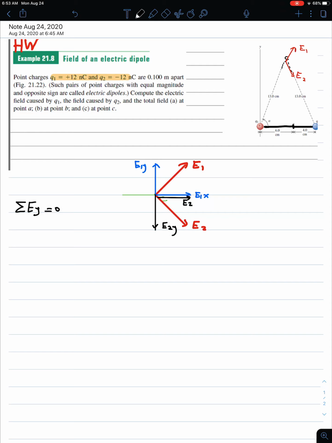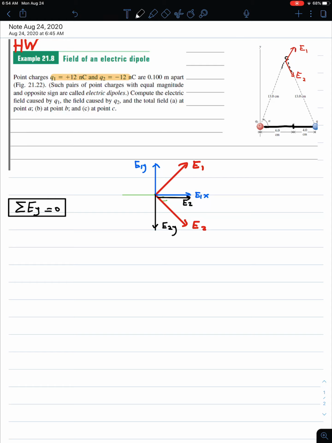You could compute E1y and E2y, but they cancel each other. So there is no electric field along y, and I will calculate the electric field along the x-axis only.